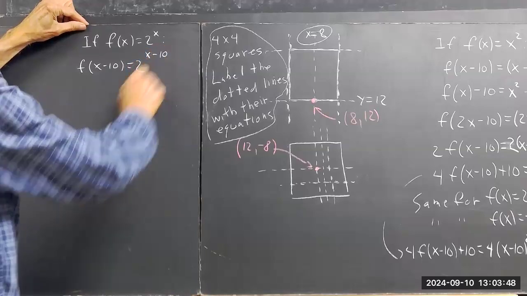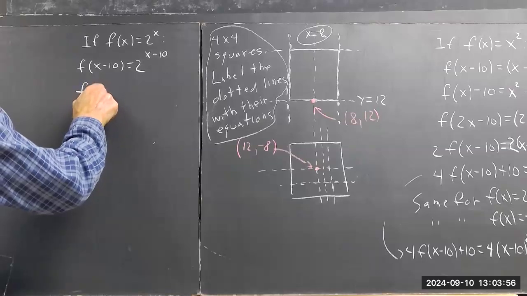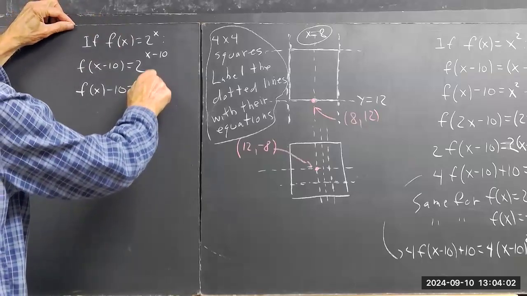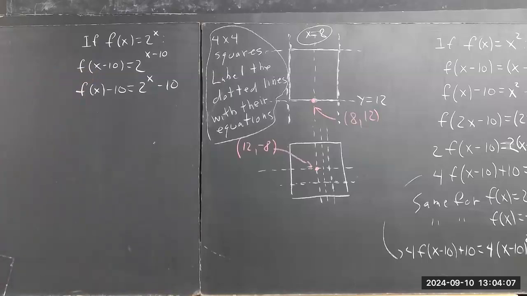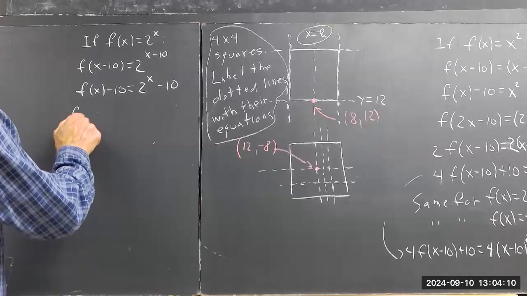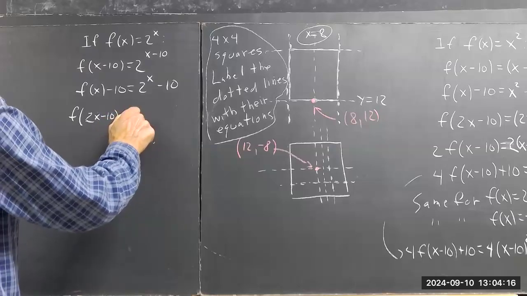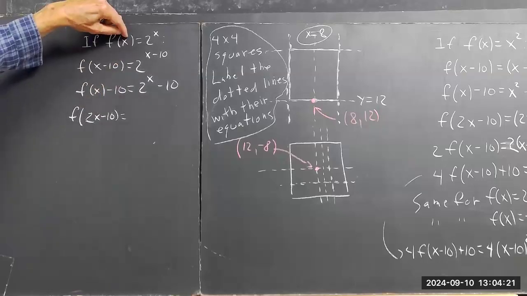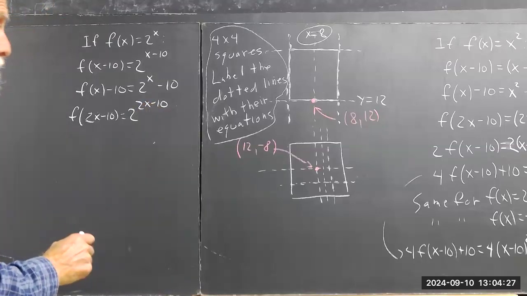So for the x unit, okay? And then f of x minus 10. Well, f of x is just 2 to the x. So we have 2 to the x minus 10. And f of 2x minus 10, we replace x by 2x minus 10, because 2x minus 10 is right here where the x was. 2x minus 10. Okay.